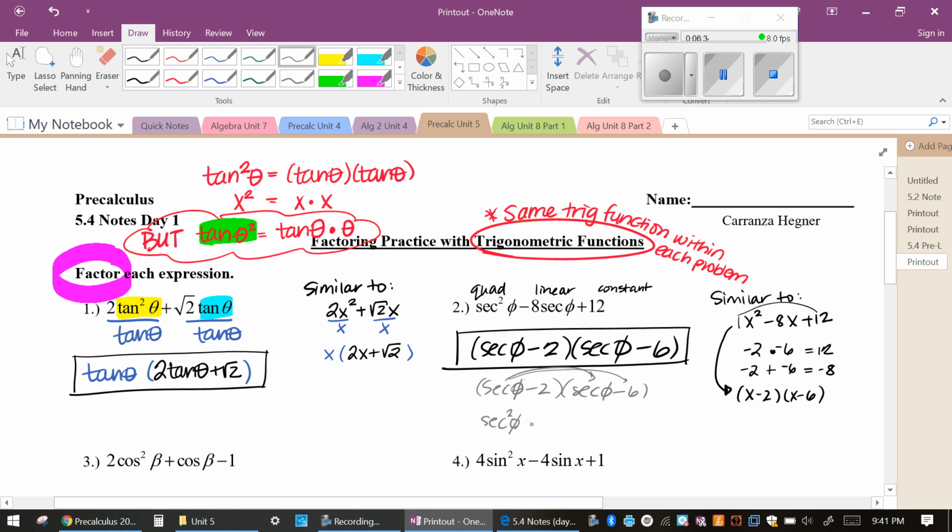Secant of that Greek letter times -6 is -6 secant of that letter. Here's your -2 secant, and -6 times -2 is 12. And if you combine like terms, you get -8 secant of that Greek letter.